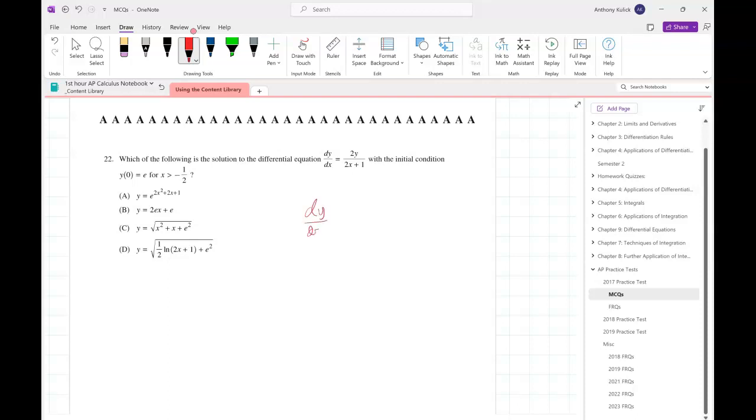All right, how do I start? Okay, so I'm going to divide by 1 over 2y and then multiply by dx, right? What do you guys notice now? To do the integrals, now that we've separated, what am I going to have to do? I have a u sub on each side. Yuck.